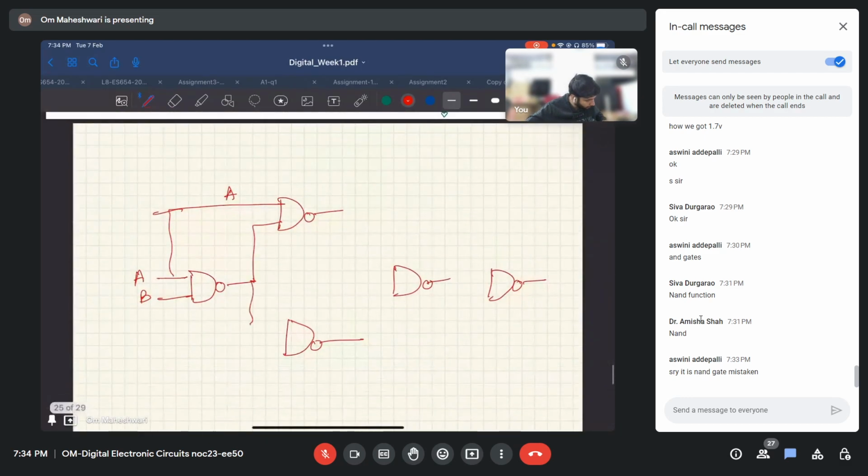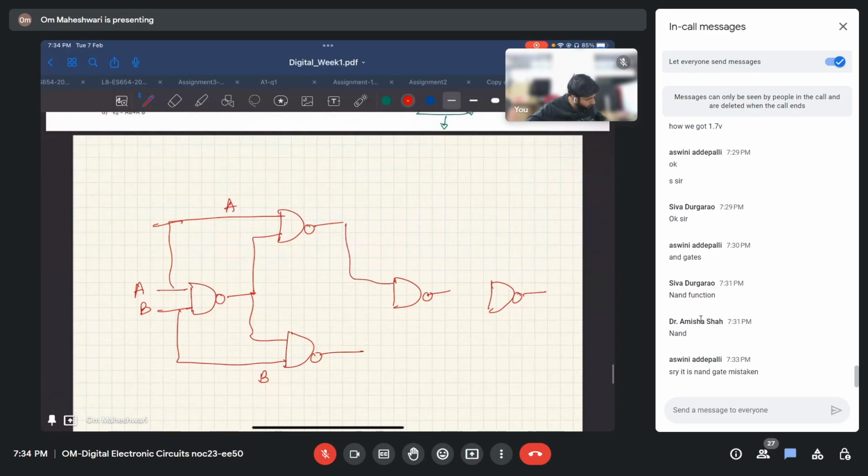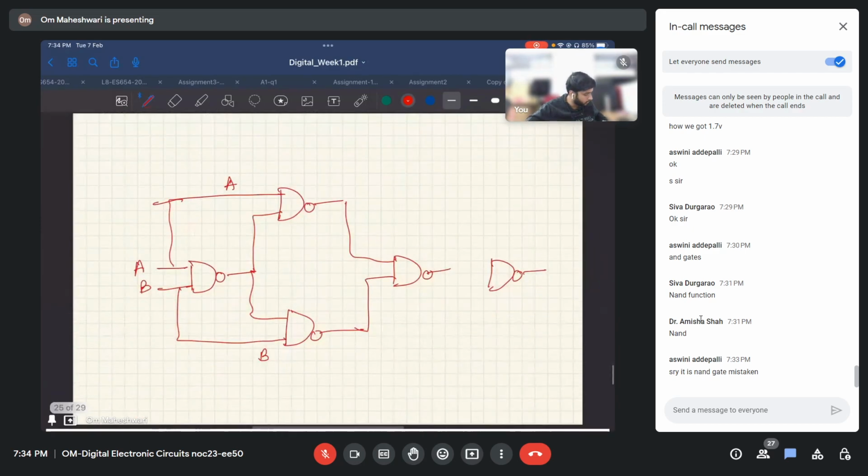Similarly here also B. Here it is like this, and here it is like this.